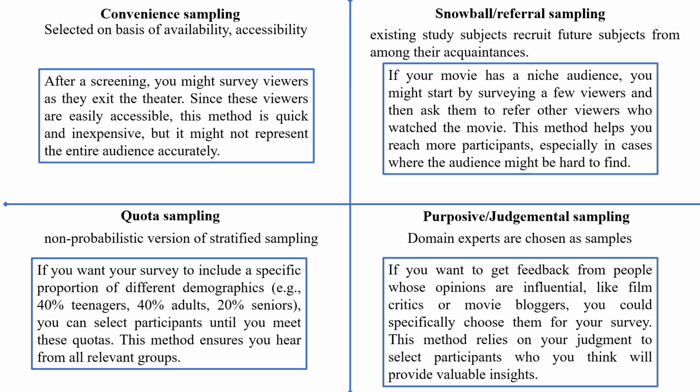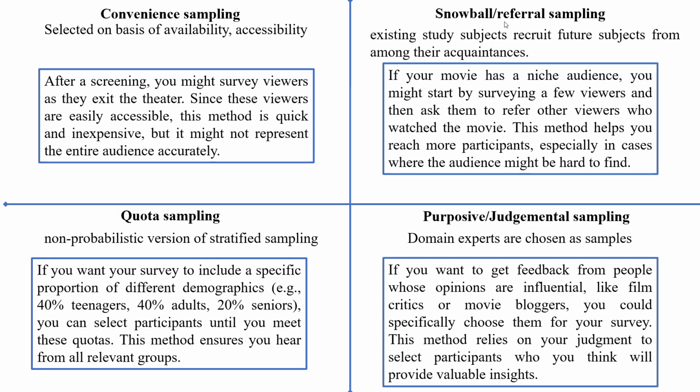So that is what I'm trying to say. In this, my subjects are those who are easily accessible. For me, in that case, whoever watched the movie and are just exiting the theater, those are easily accessible for me, and you go and take surveys from those viewers. So it is convenience sampling.